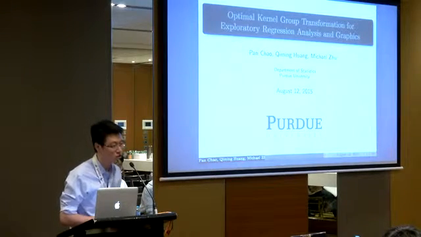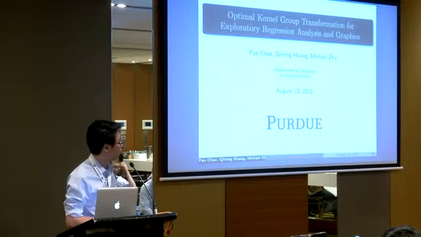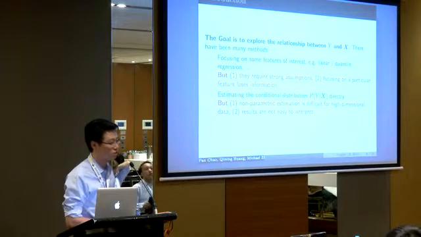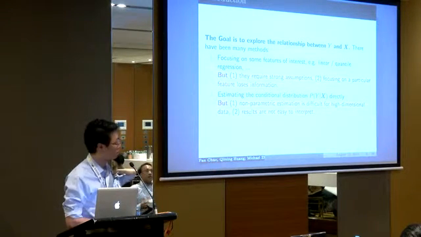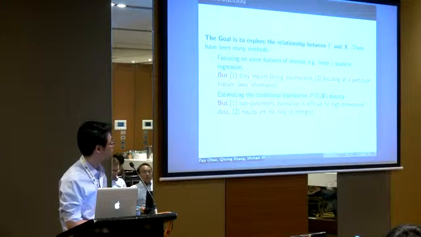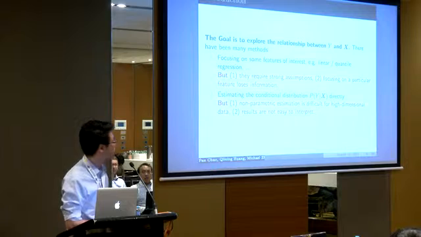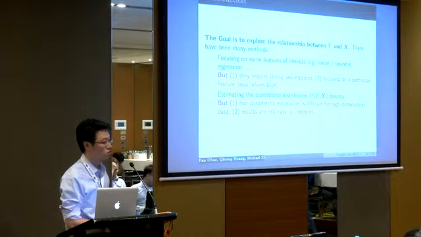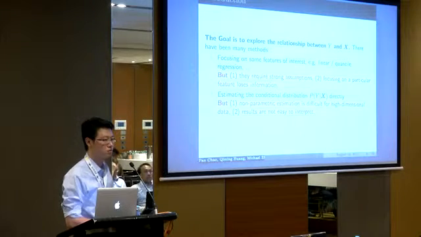Basically, the problem we want to solve is how to efficiently and effectively explore the relationship between the response and the predictor variables. There are quite a few methods. First, the easiest way is to focus on some features we're interested in.